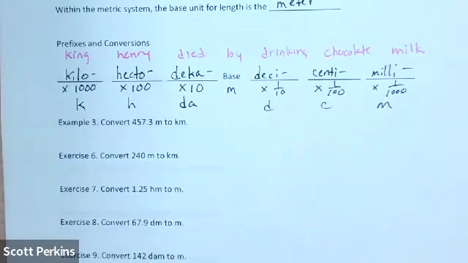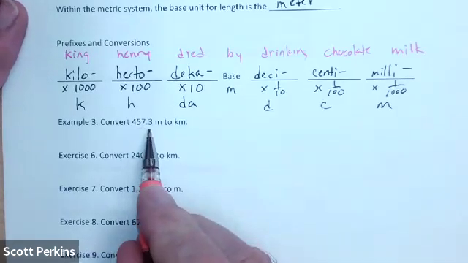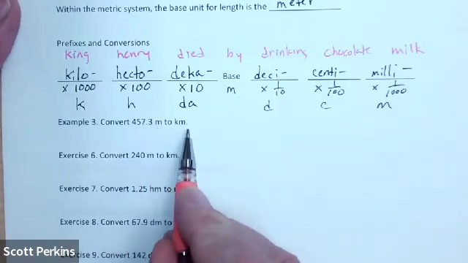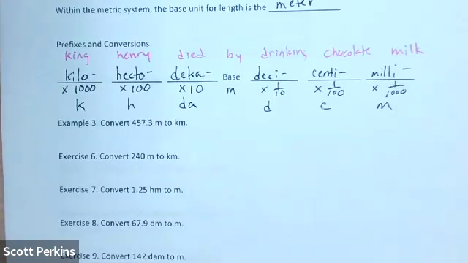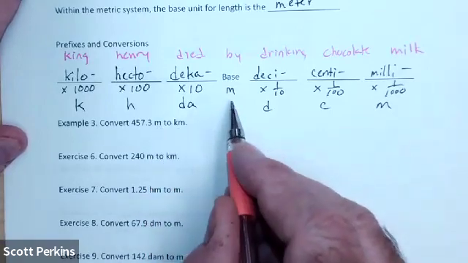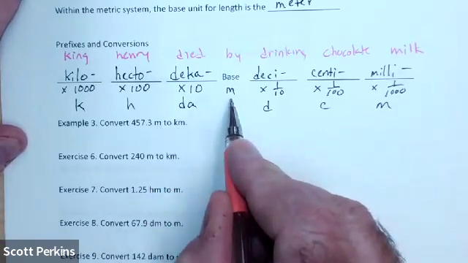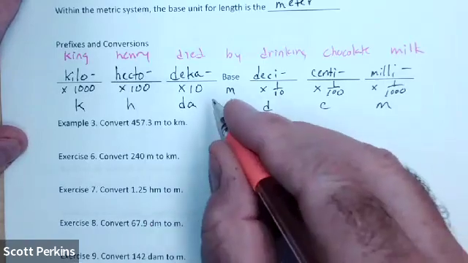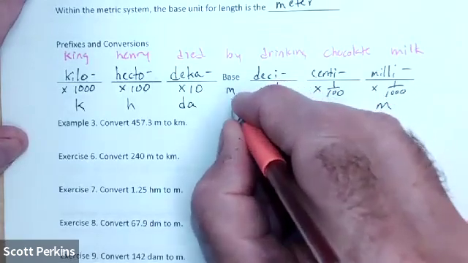So here we go. My example 3 is we are going to convert 457.3 meters to kilometers. Because metric is a base 10 system, just like our numbers, here's what we're going to do. We're going to start with meters. That's my base, right here in the middle. And then I'm going to kilometers. I know that this is going to make a little bit of a mess, and I apologize about that.